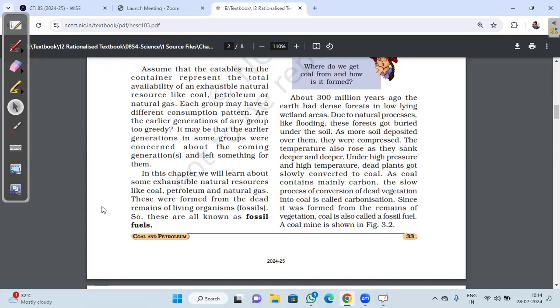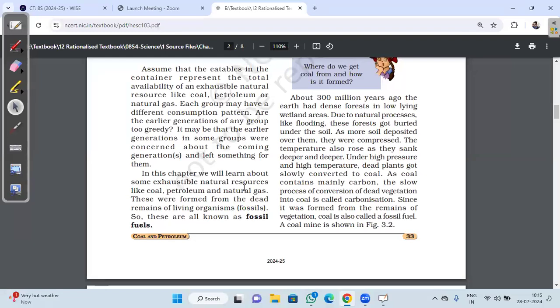So these were the trees. The trees got buried under the earth due to some natural activities, and hence they got converted under intense heat and pressure into coal.